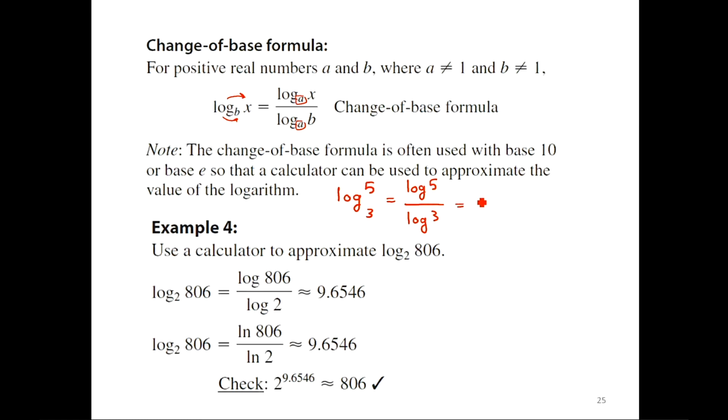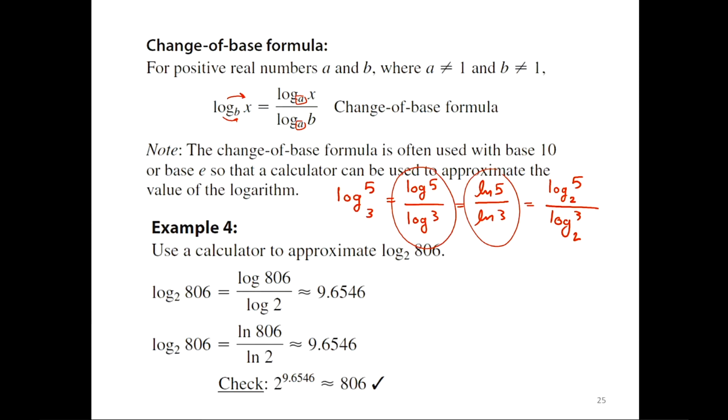Or we can put it ln 5 to base e and ln 3 to base e, because ln is logarithm to base e. Or we can use the natural logarithm, common logarithm, or any base. For example, we can put it log 5 to base 2, log 3 to base 2 also. Okay, but in general, use the ln or natural logarithm, because in programming languages, we use natural logarithm or ln.